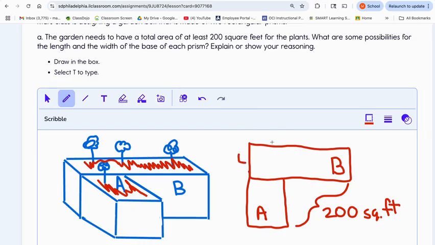The problem asks me to find possibilities for the length and width of the base of each prism. I remember that I can find the area of a rectangle by multiplying its length and width, so I need to determine an area for each rectangle first.